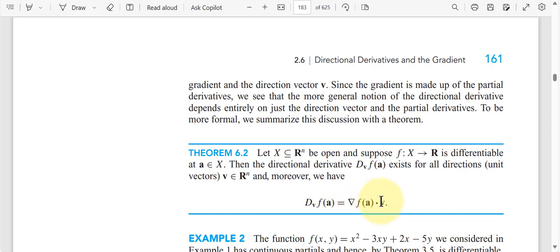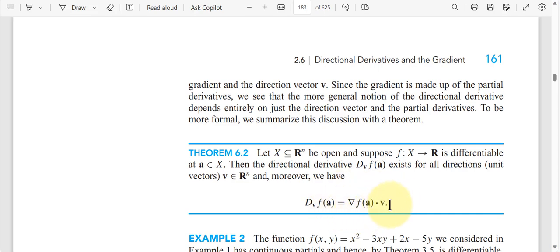So it's a vector, and v is also a vector, so we can dot them. Hopefully they both have the same number of elements, otherwise we can't dot them, but they do have the same number of elements. So we can form the dot product, and that is going to give us what we're asking for here.